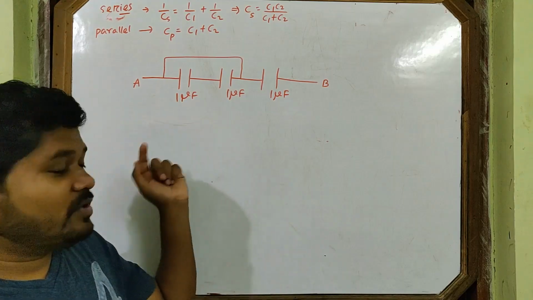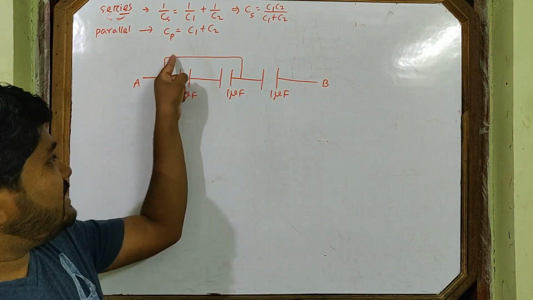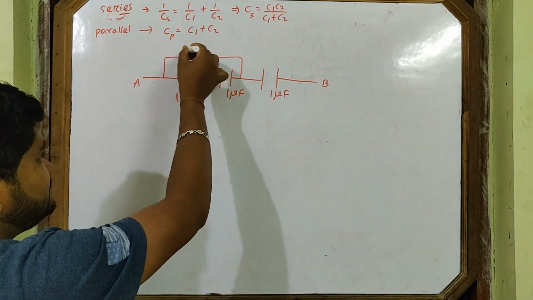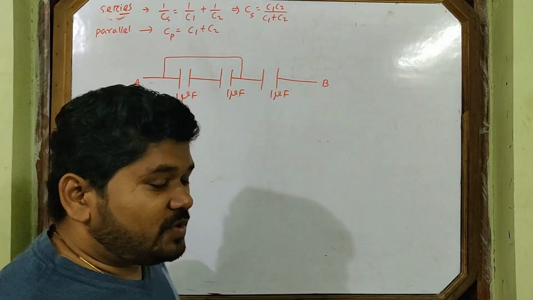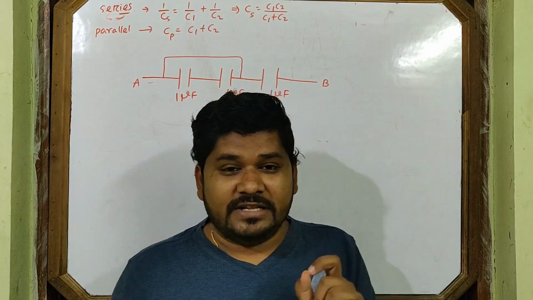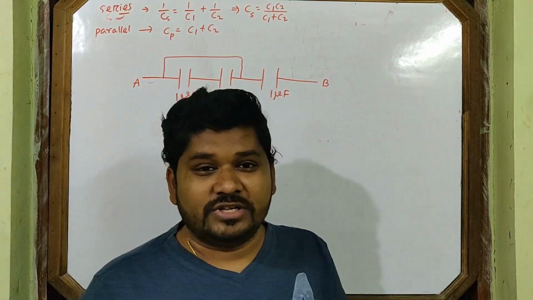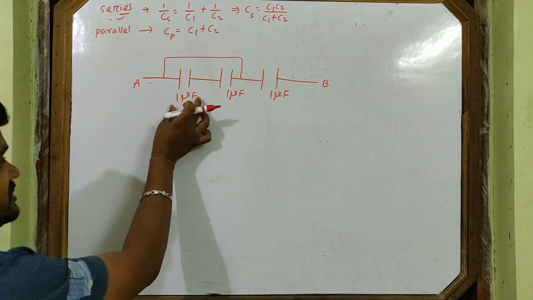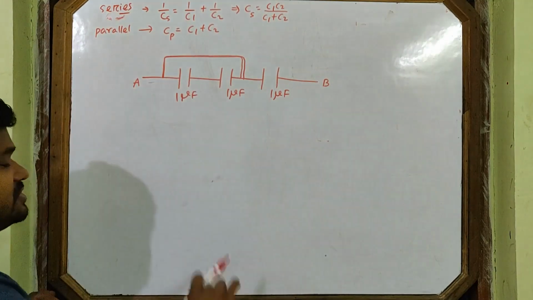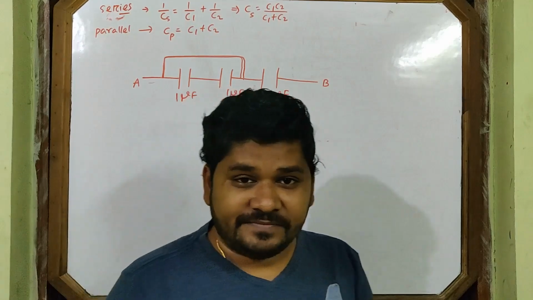Whenever any current is applied, that current will go in this path, because current always prefers the low resistance path. Where there is no opposition, current goes through this line. If you connect one wire like this, then these two capacitors are cut from the circuit.